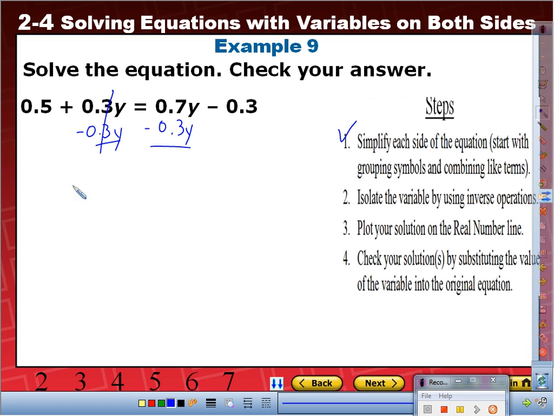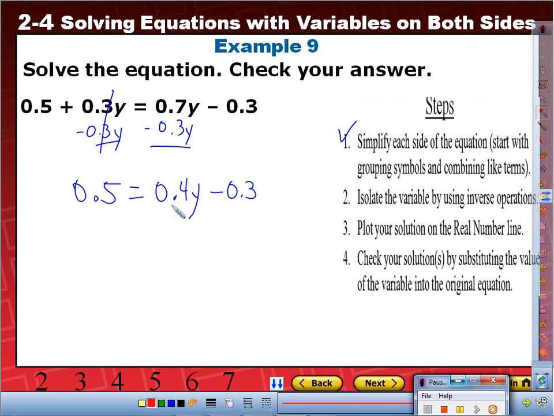These cancel. We're left with 0.5 equals 0.4y, because we're subtracting, and I bring down the minus 0.3. Do I have addition or subtraction? Yes, here's subtraction. The inverse is to add 0.3 to each side.